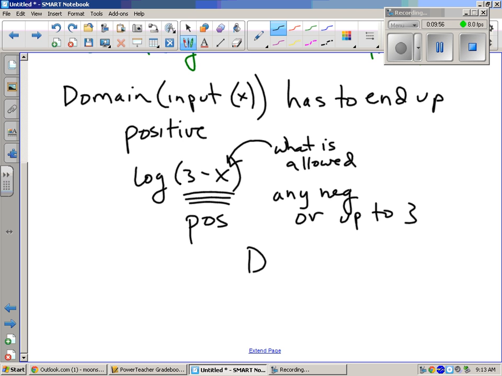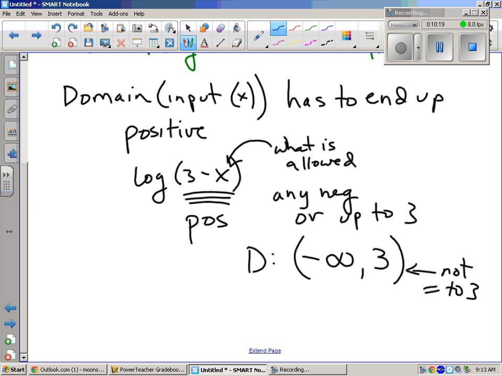So the way we'd write that is the domain is from negative infinity, because that's any negative number, all the way up to 3. Now I need to put a parenthesis here because that means not equal to 3. Everything up to 3, but not equal to 3. So 2.999999999 is good, but 3 is not good.